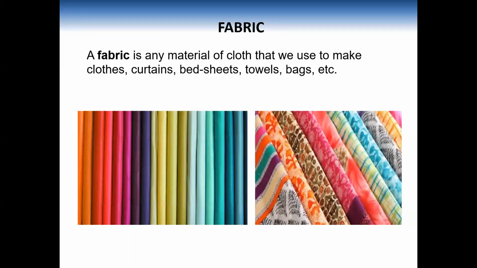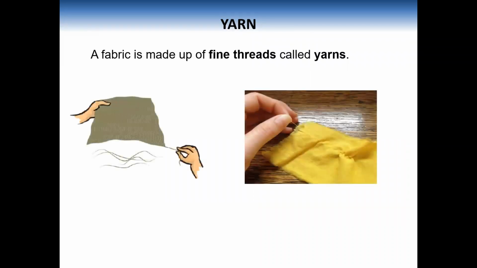Fabric is made up of thinner threads called yarn. For example, if you take out a loose thread from a piece of fabric, you will be able to see a thread coming out of it. These threads are arranged horizontally as well as vertically.